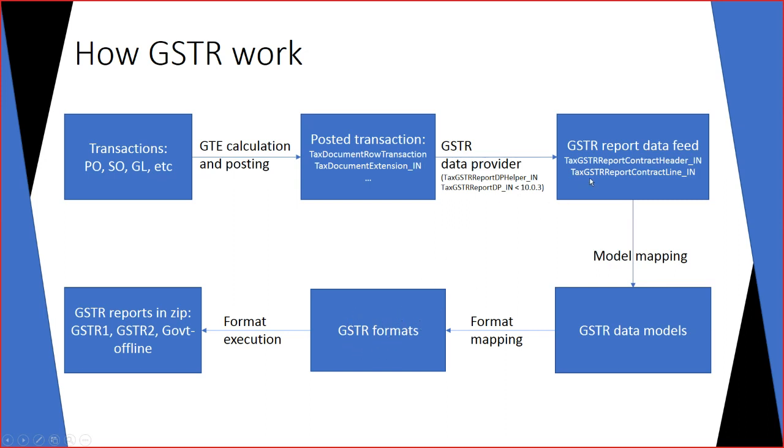If you need to provide new data which is currently not provided in the data model, then you will be required to modify the data provider which is provided through this class or this class. And then you will be required to do the model mapping, add more fields to the data model and the format mapping, and lastly modify the format and execute the configuration in the system.